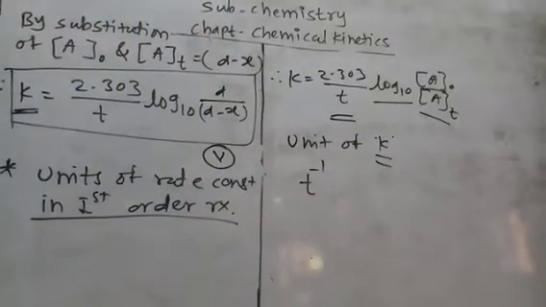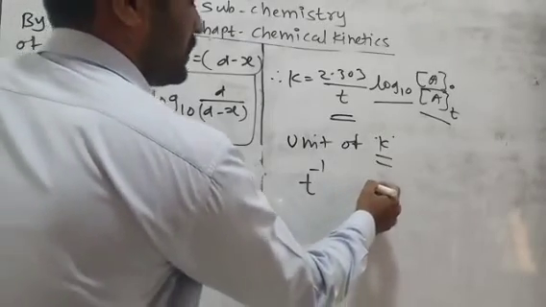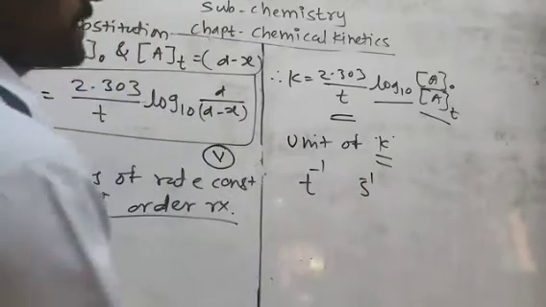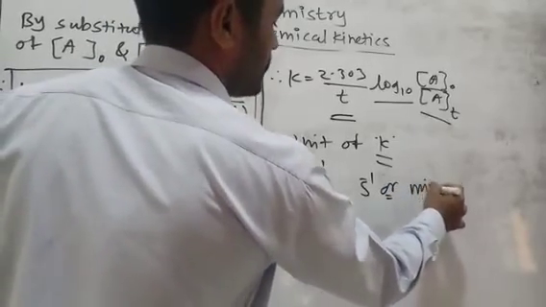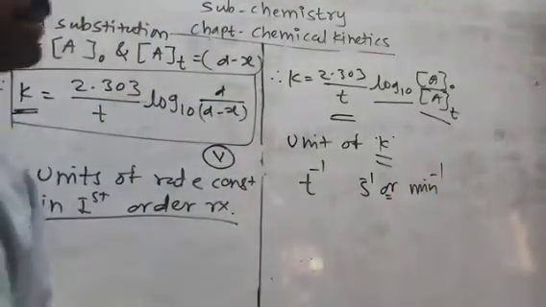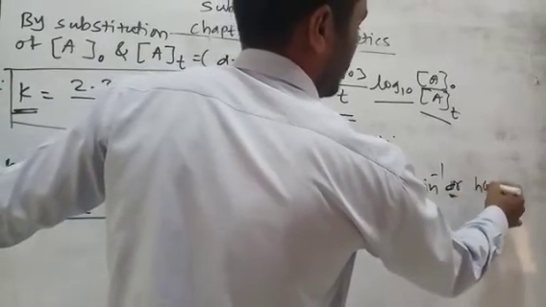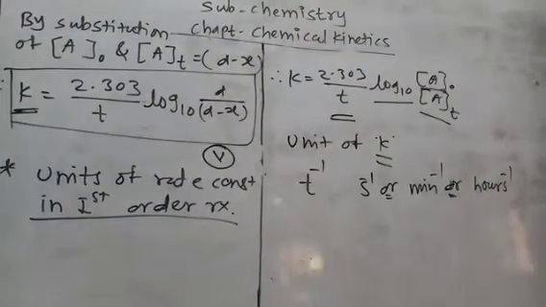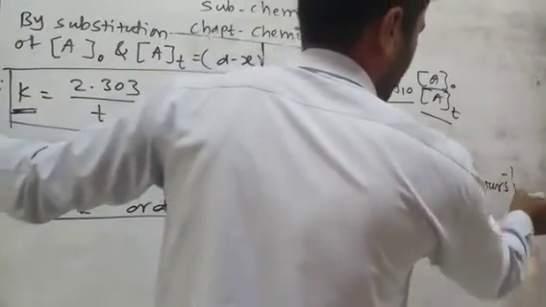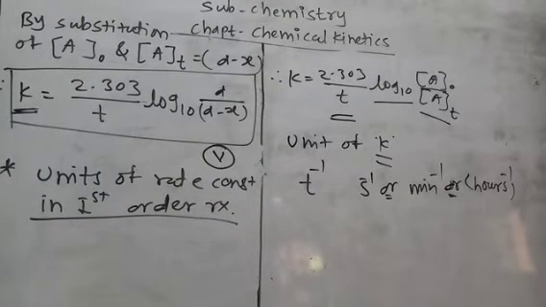The unit becomes per second, or per minute, or per hour. Okay. So those are the units of rate constant for the first order reaction.